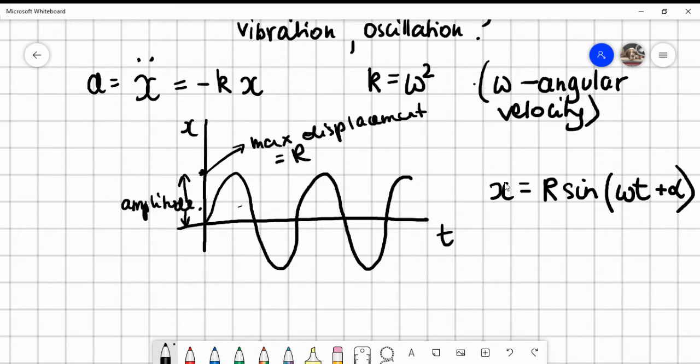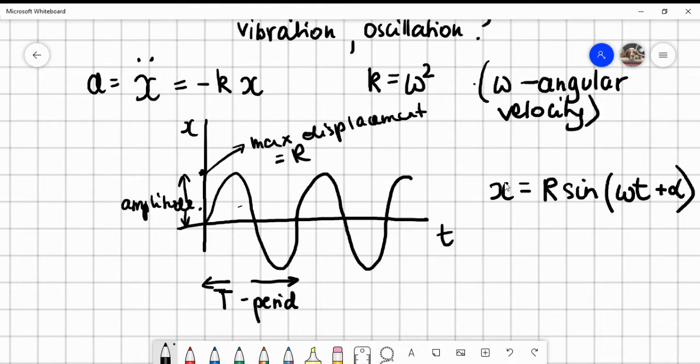Another example of simple harmonic motion could be tides or daily changes in temperature, so they go up and down. Now the one oscillation is from here to here. The time it takes, let's say T, is called the period.